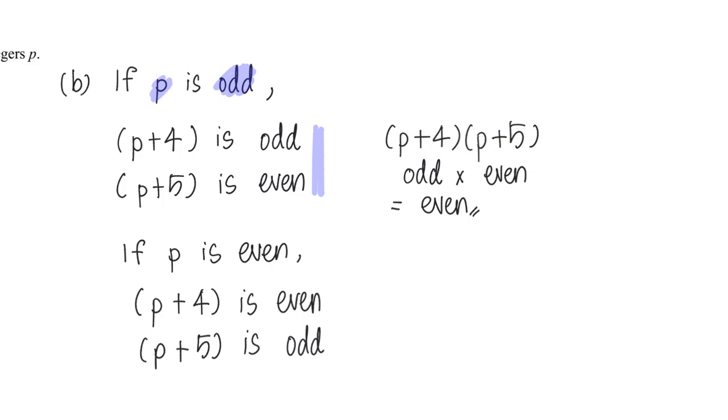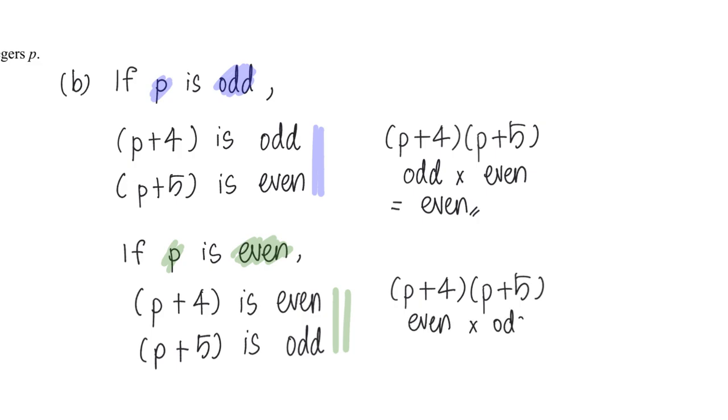And for this particular case where p is even, again you can see this will be an even number multiplied by an odd number, and this will again give me an even number.